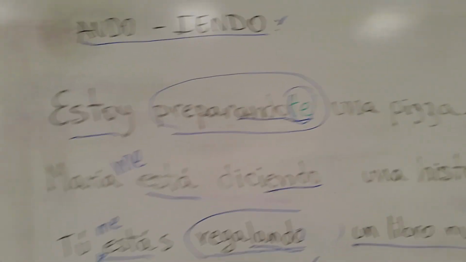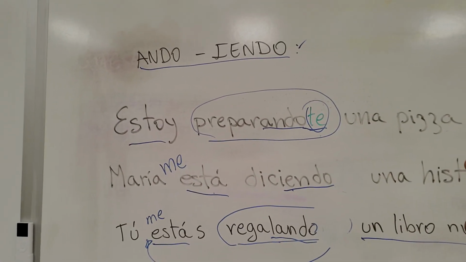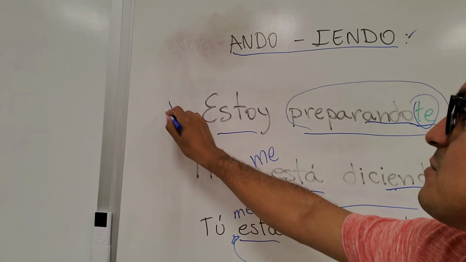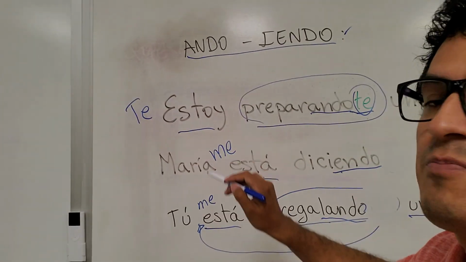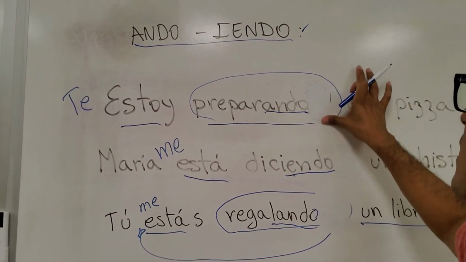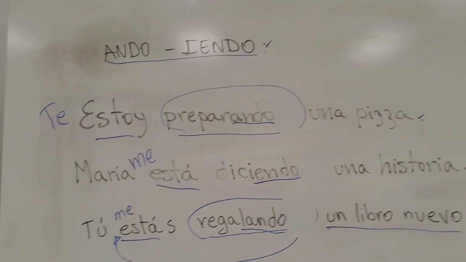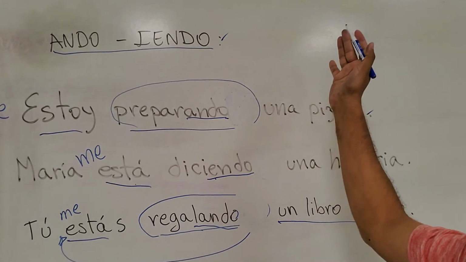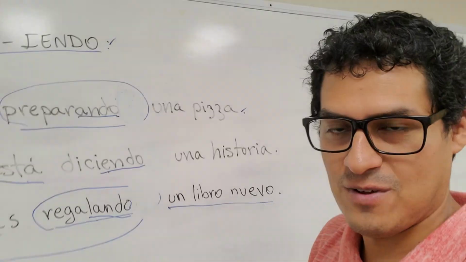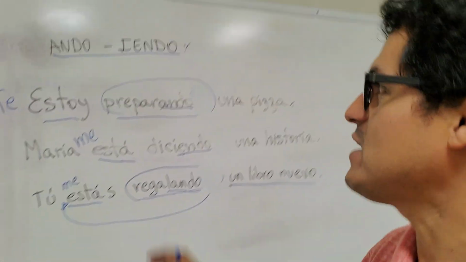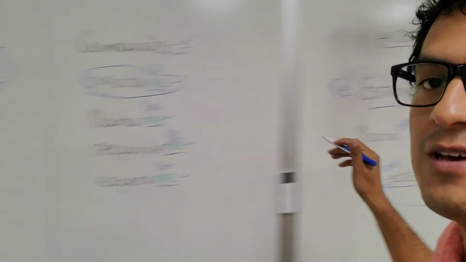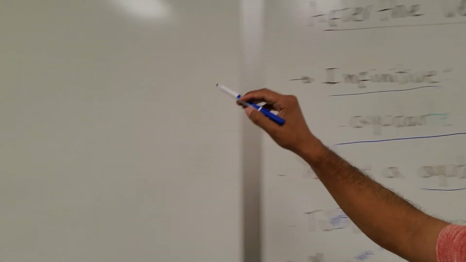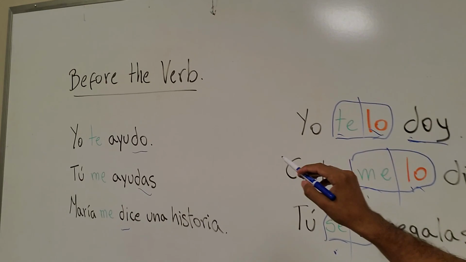And guess what? What's going to happen here with the first sentence? Yes, I'll put here te estoy preparando una pizza. Te estoy preparando una pizza. But why? Why do we have that? The answer is simple, because we have the same rule that we had before.